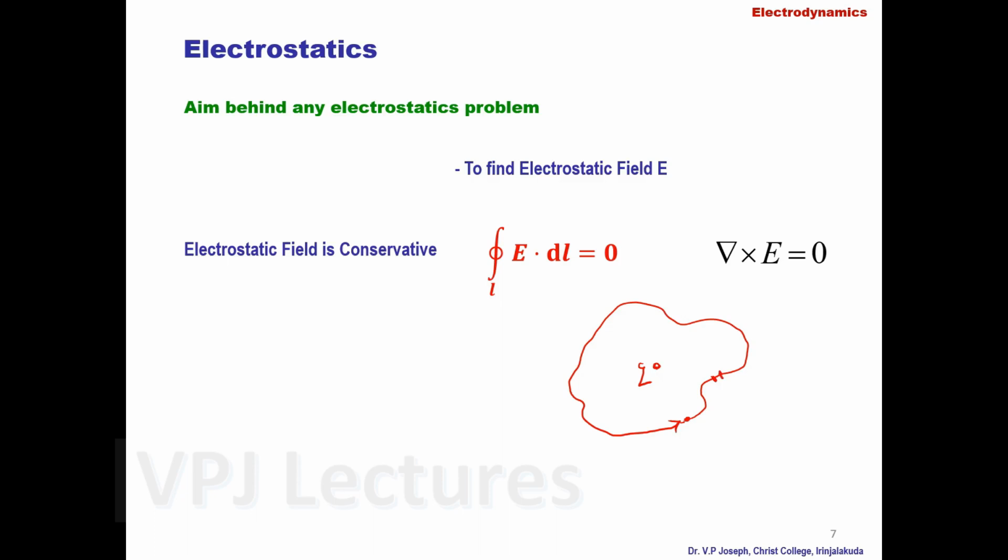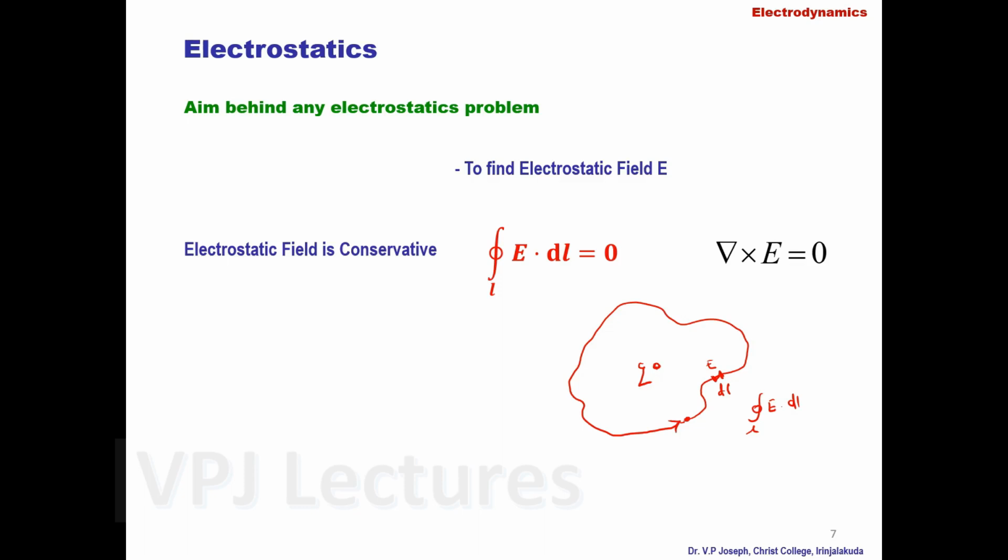Any distance is taken as a small distance dl, and the electric field corresponding to that point is taken as E. Then E dot dl is taken. Then we take the closed line integral of E dot dl, and it is equal to 0. And this is called the conservative property of the field.